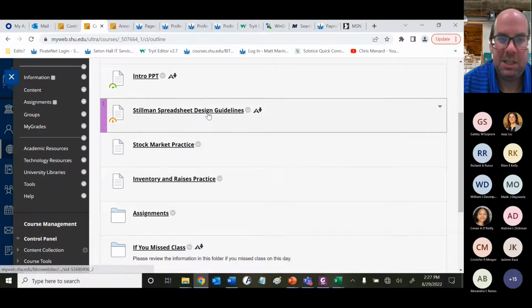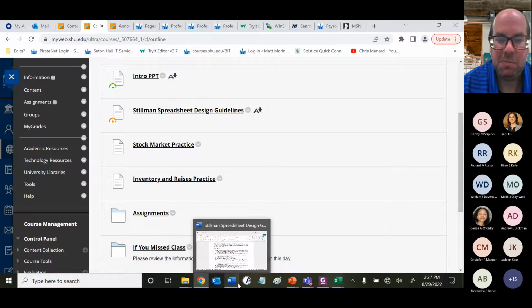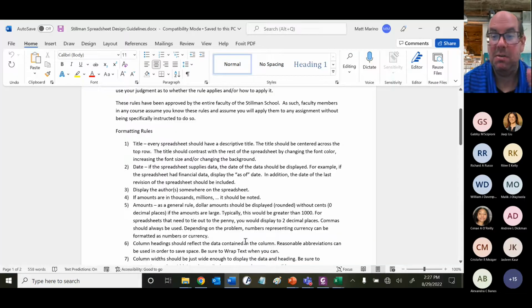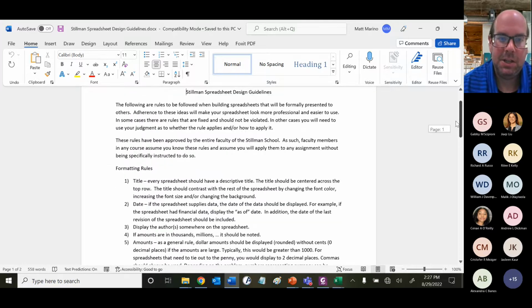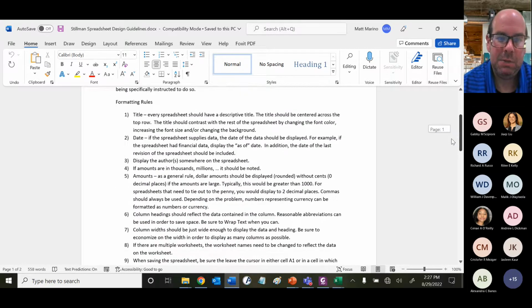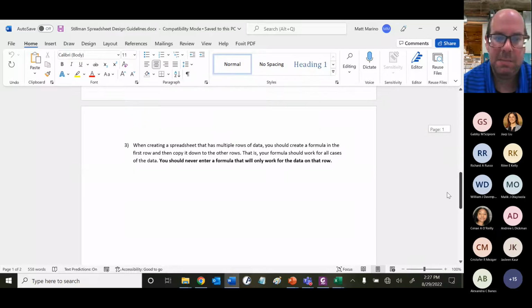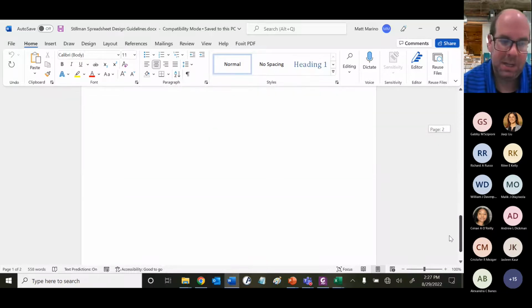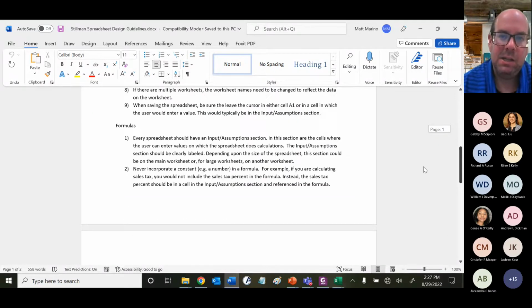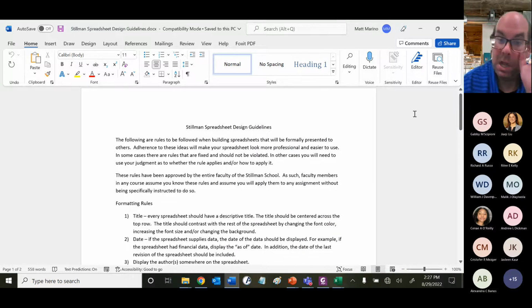The Stillman spreadsheet design guidelines, you may have these, or they may show you this in other courses. You can download and look through it. It's just simple. 2 pages of how courses within the School of Business want you to set up your formulas and your formatting for this specific course.